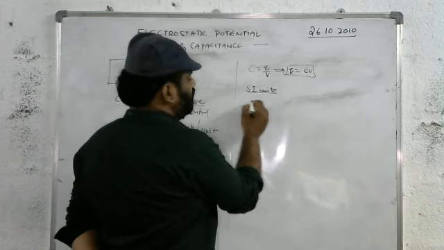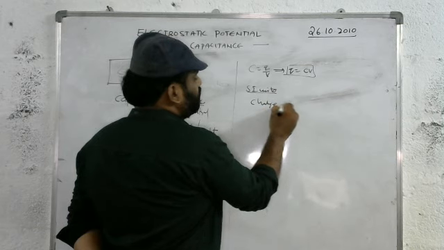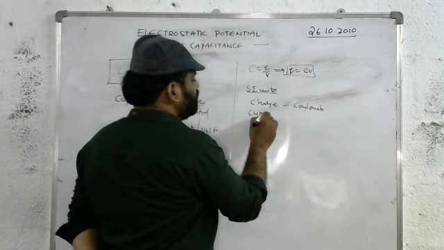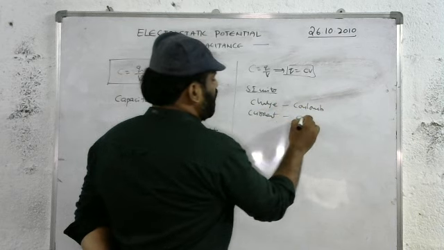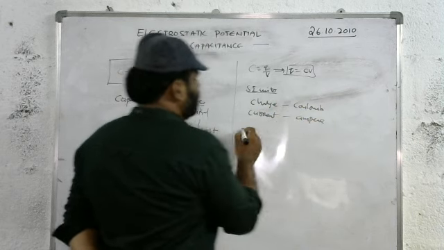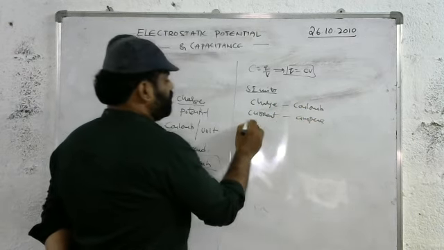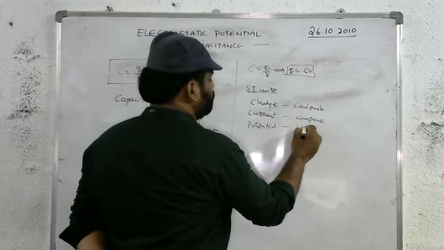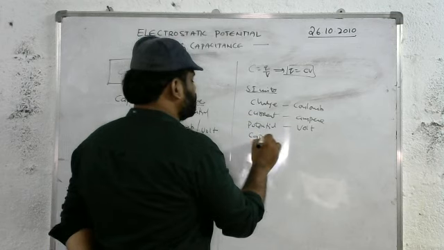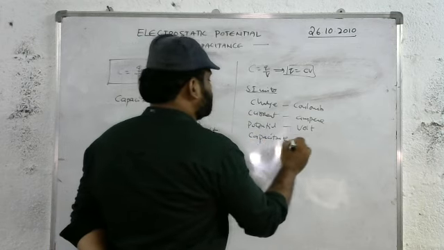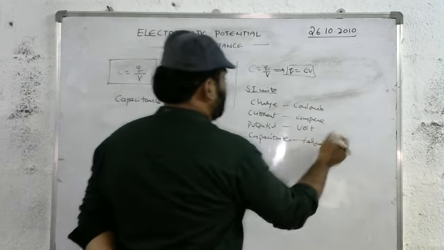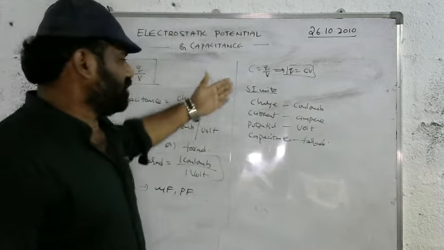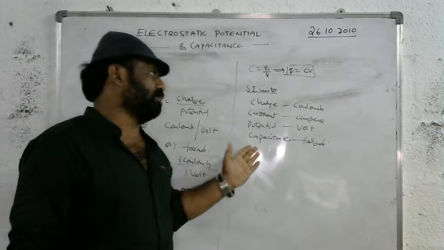The SI unit for charge is coulomb, for current it is ampere, for potential it is volt, and for capacitance it is farad. These are the SI units for the electric variables: charge, current, potential, and capacitance.